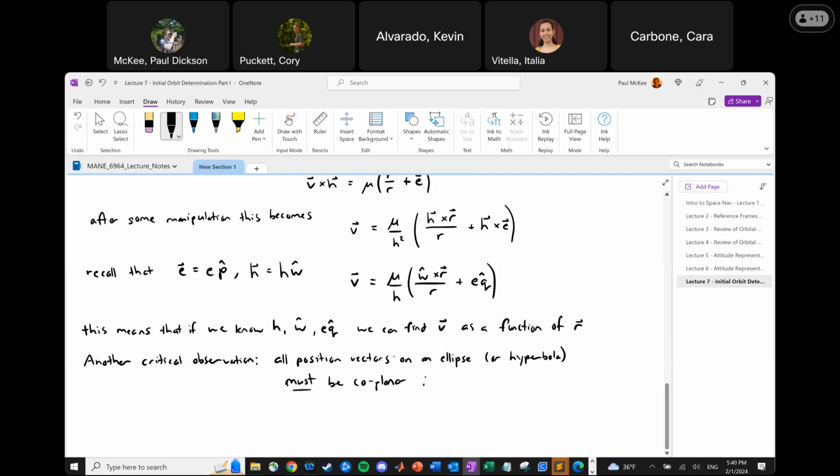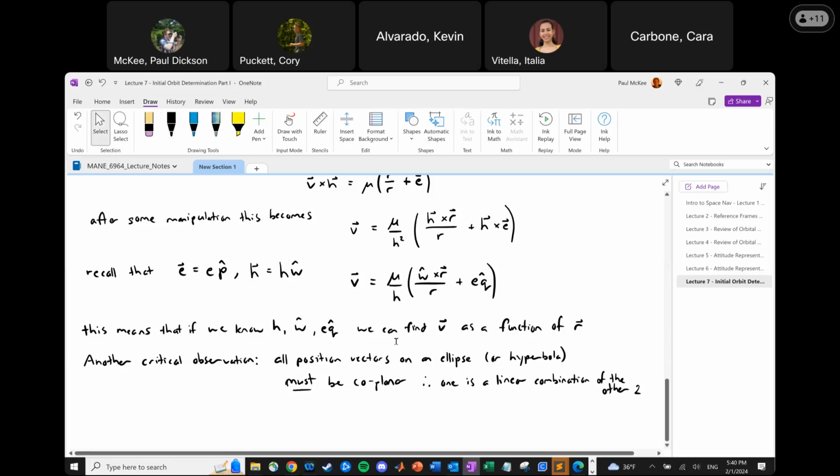Therefore, that's what the three dots means. One is a linear combination of the other two. So I'm going to give you a second to catch up on that.